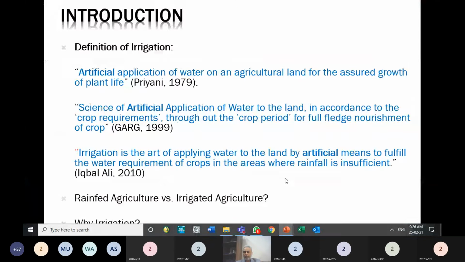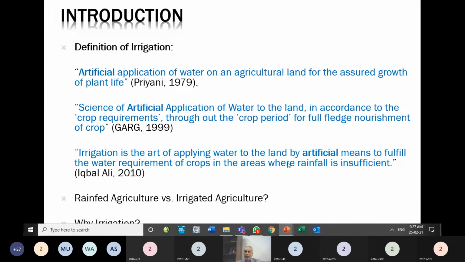If we go through the definition once again, more or less similar definitions have been placed in different literature by Iqbal Ali, by Garg, by Priyani. The simplest one is by Priyani, the most detailed one is by Garg. But the concept in all these definitions is the same.